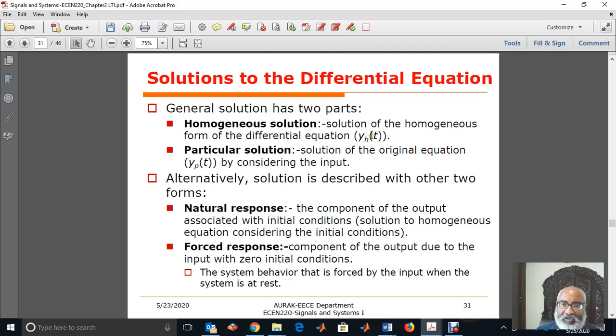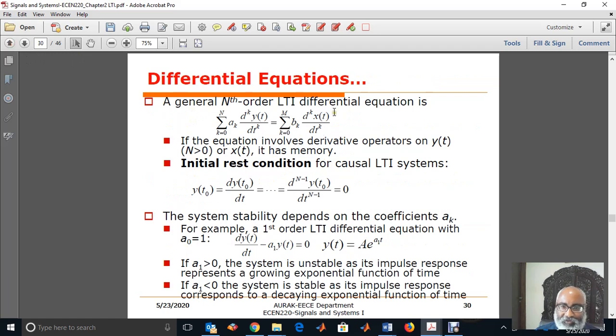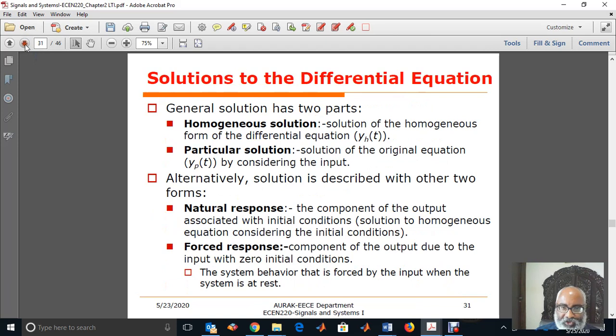The homogeneous solution means the solution of the differential equation without the input, which means that the input is 0, so the right side will be equal to 0. Solving this gives us the homogeneous solution.